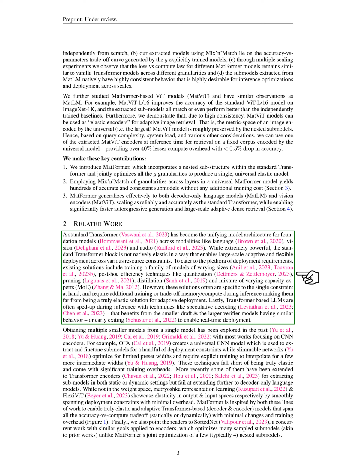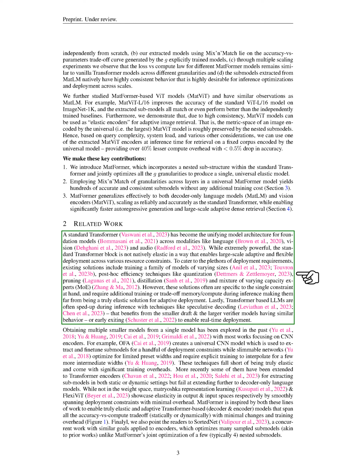Current solutions to this problem include training multiple models of different sizes, using efficiency techniques like quantization, pruning, distillation, and a mixture of experts with varying capacities. But these solutions often cater to a single constraint and require additional training or trade-offs between memory and computation during inference. This makes them less than ideal for adaptive deployment.